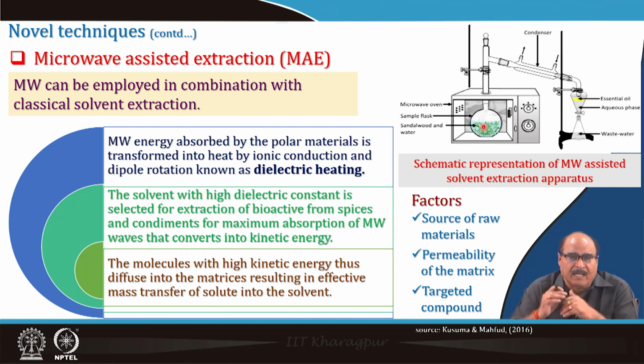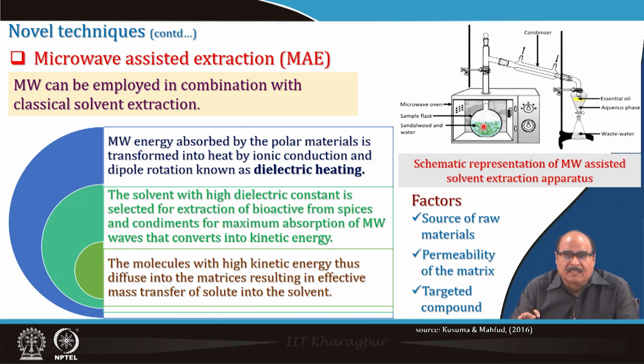We have studied this effect earlier also, and it is transferred into heat by ionic conduction and dipole rotation, which is known as dielectric heating. A solvent with a high dielectric constant is selected for extraction of bioactives from spices and condiments, for maximum absorption of microwaves that is converted into kinetic energy. The molecules with high kinetic energy thus diffuse into the materials, resulting in effective mass transfer of solute into the solvent.